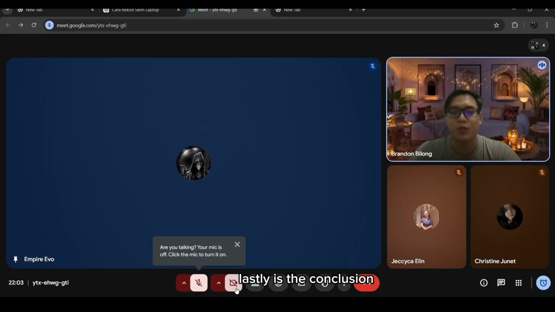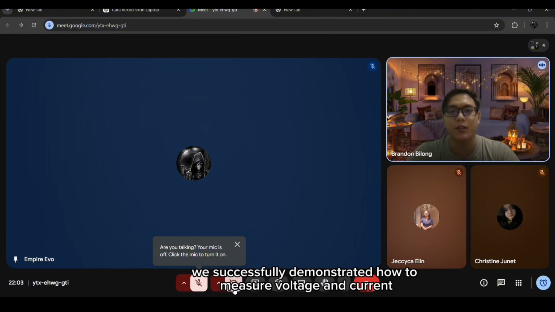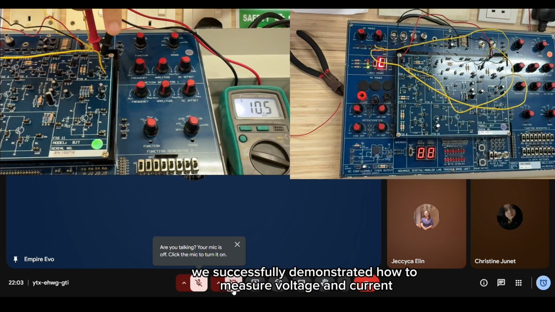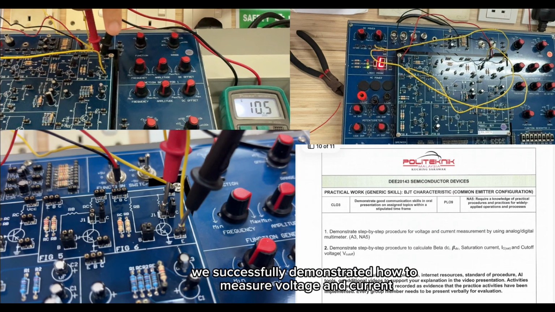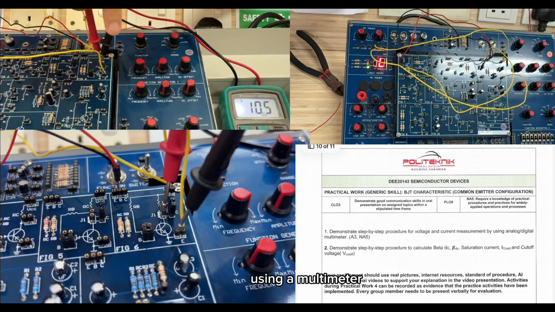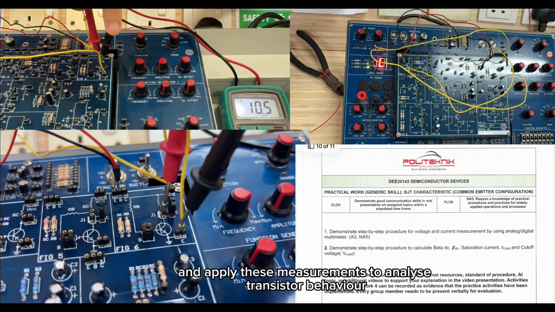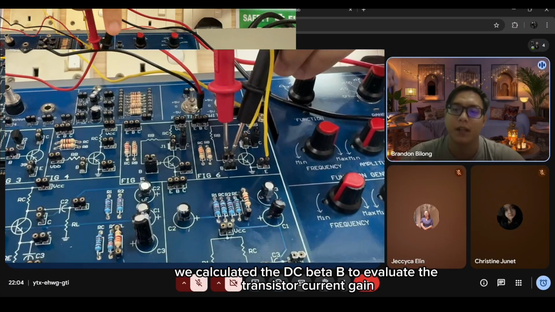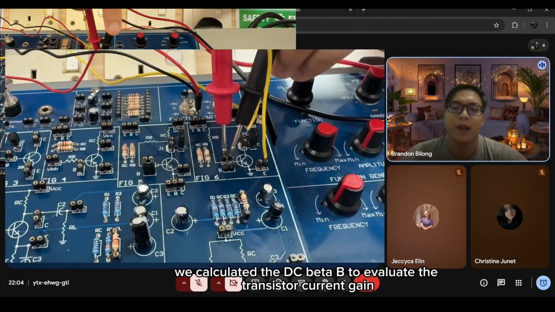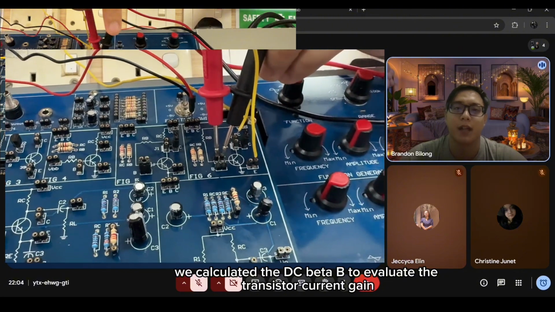Lastly is the conclusion. In conclusion, we successfully demonstrated how to measure voltage and current using a multimeter and applied these measurements to analyze transistor behavior. Using the measured collector current IC and base current IB, we calculated the DC beta to evaluate the transistor current gain.